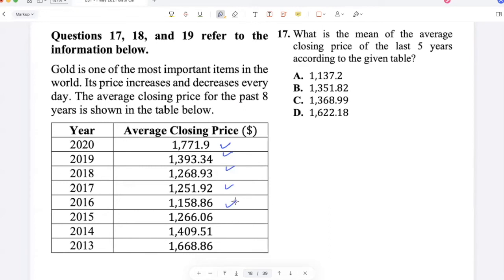1771.9. I think last 5 years would mean 2020 to 2016, not 2017 to 2013.